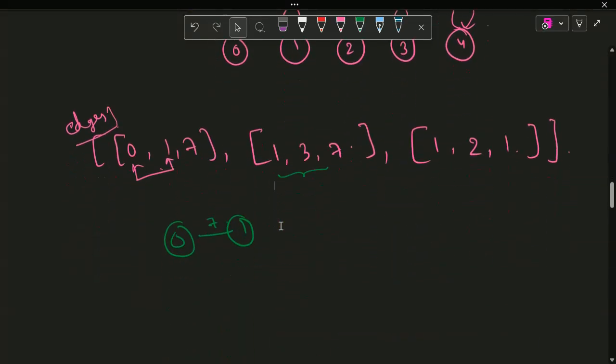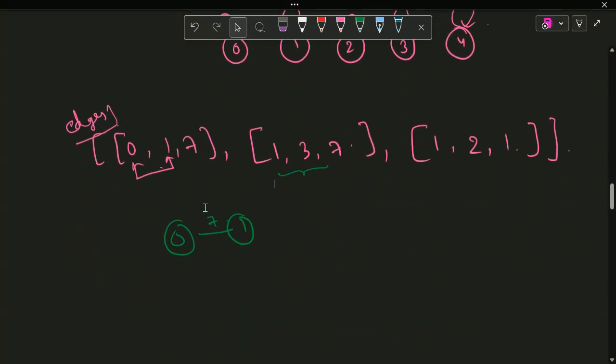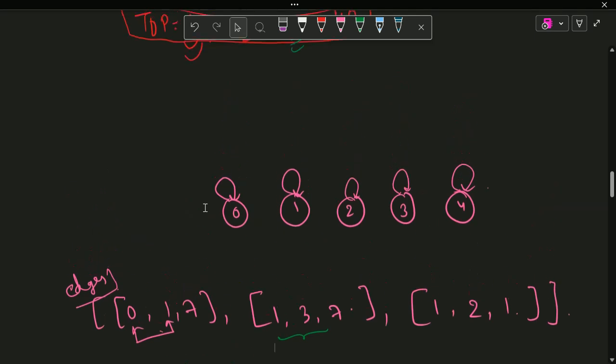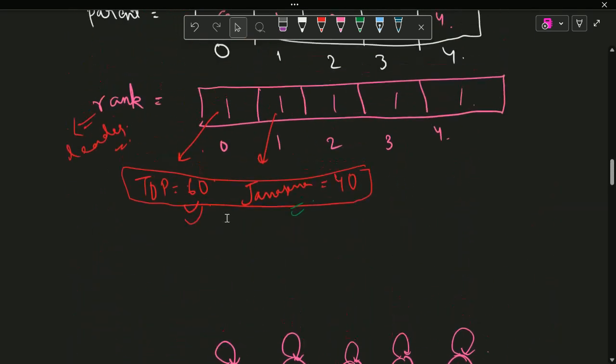If both have the same value, we don't change anything, and the leader would be either of them.